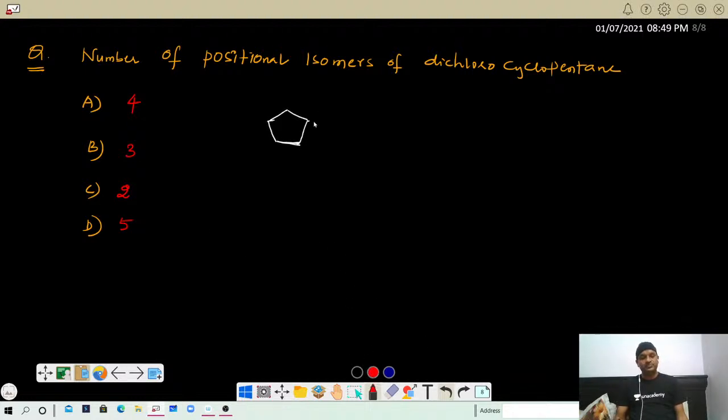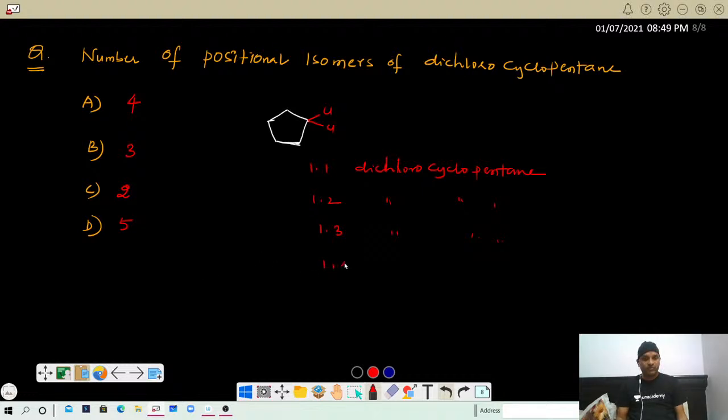Now you can put two chlorine atoms on the same position. It is 1, 1 dichlorocyclopentane, and 1, 2 dichlorocyclopentane, and 1, 3 dichlorocyclopentane.